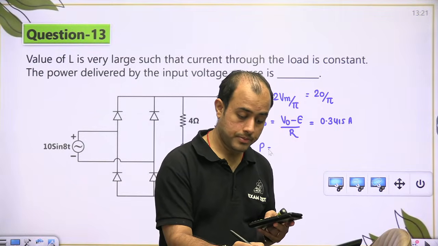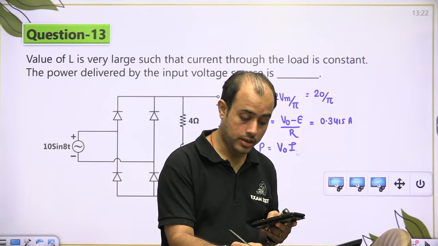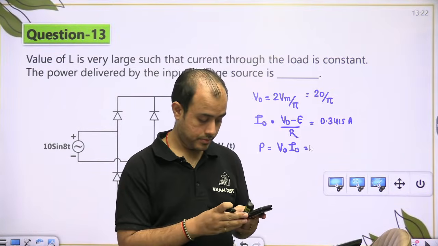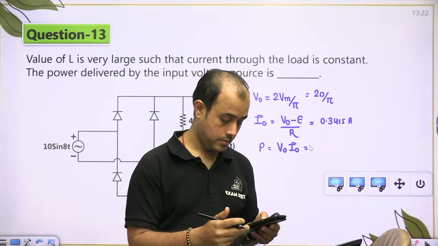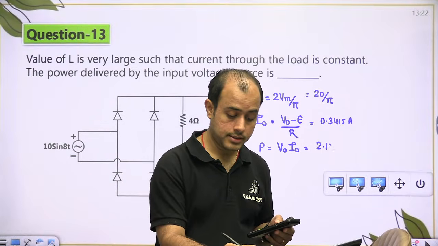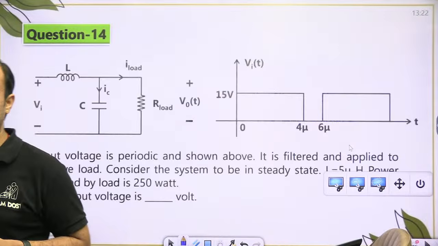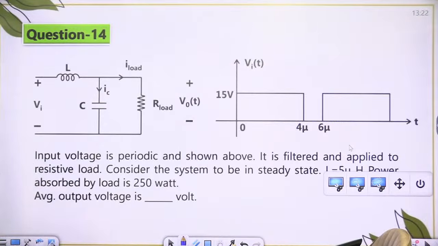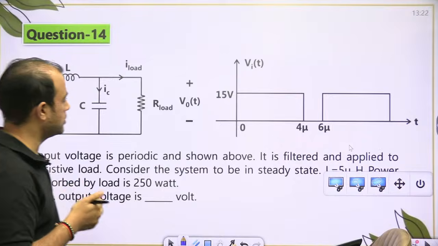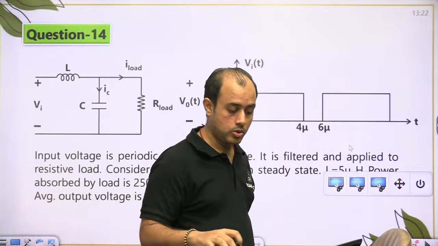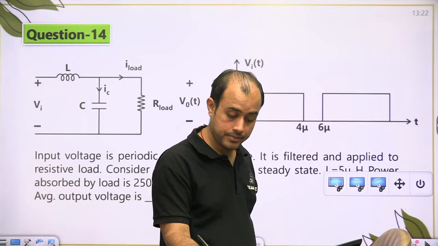So power is V0 I0, 2.174 watt. Simple. Power is 2.17. Let us try the next one. Input voltage is periodic, it is filtered, consider the system. Leave this, it has nothing to do with the rectifier.